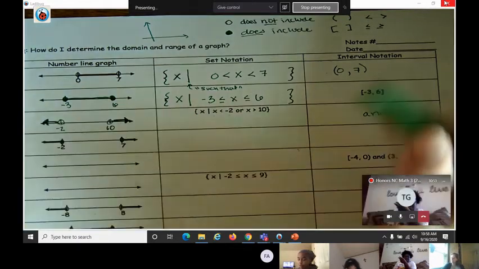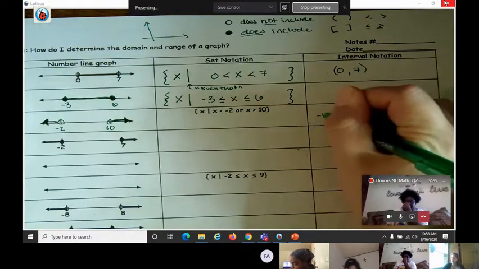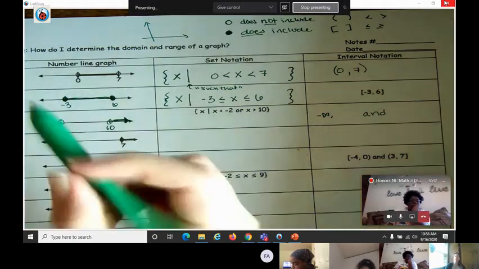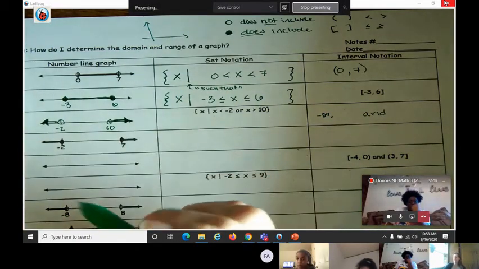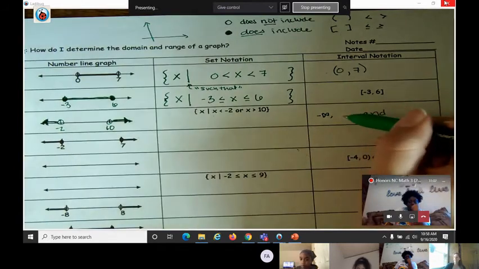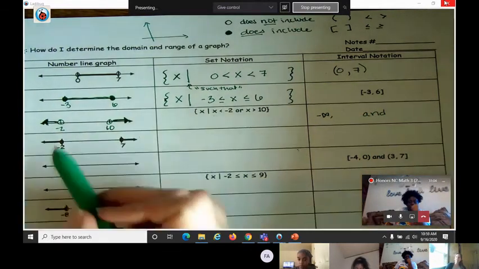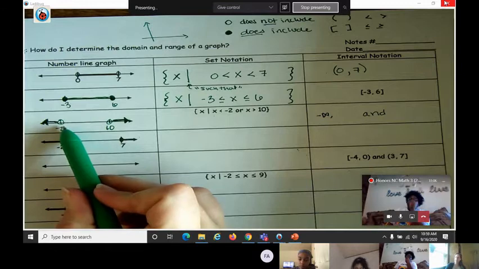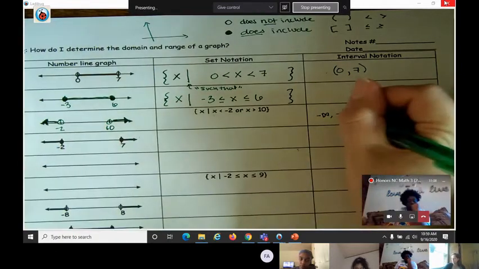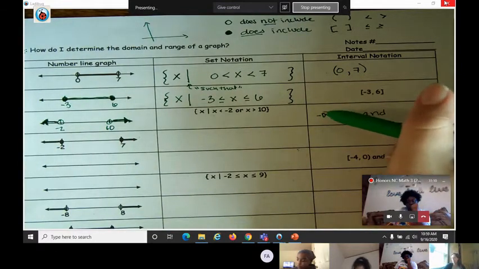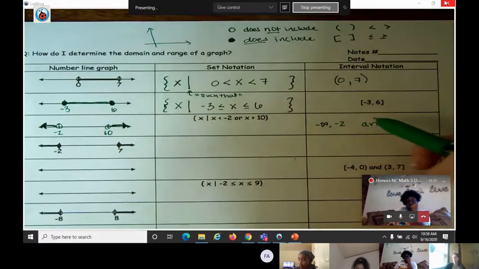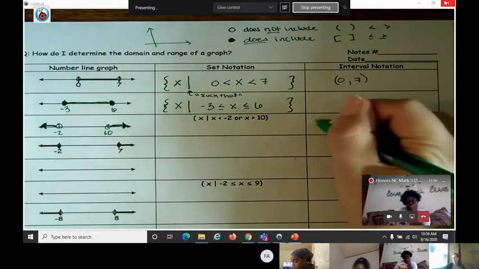Yeah, so negative infinity, because we're going left, in the negative direction. So it's from negative infinity. And then where is it going to stop? -2. Yeah, to -2. And whether I have negative infinity or positive infinity, I'm always going to have a round bracket.